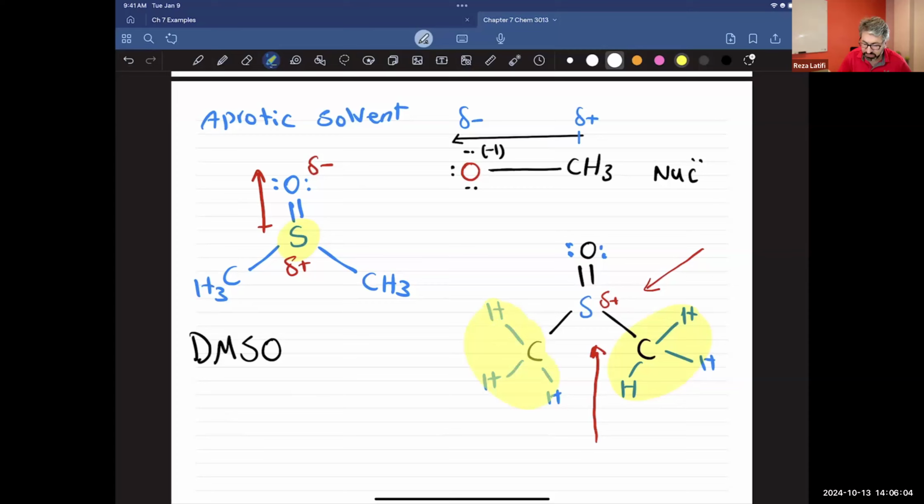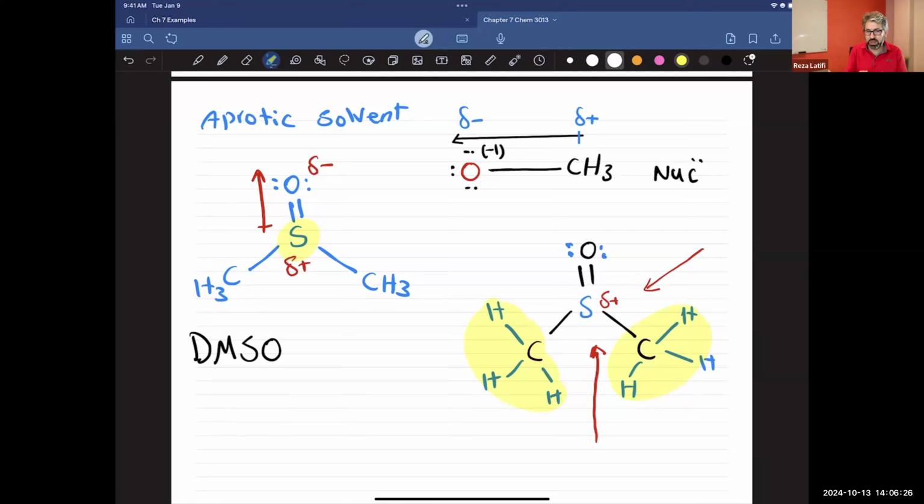That steric effect will make it harder for sulfur to pull some electrons from the nucleophile. And because the oxygen on the methyl side will have a harder time to see sulfur, it's not going to get stable.